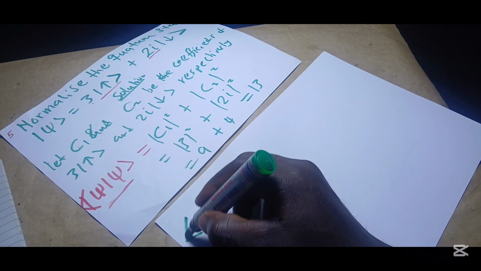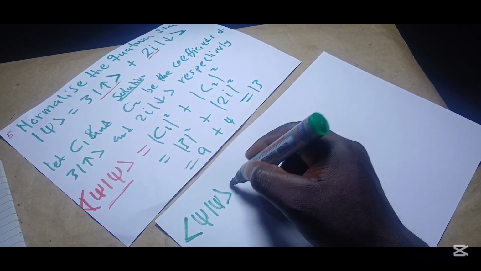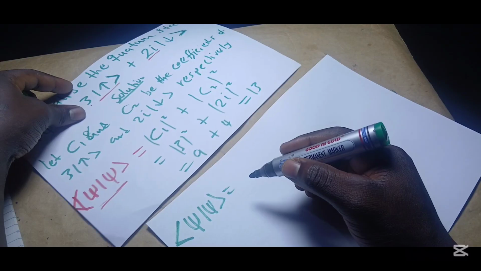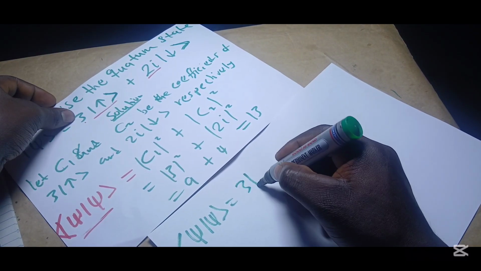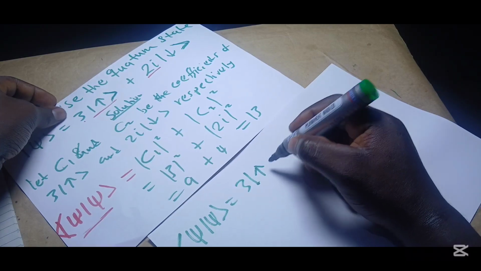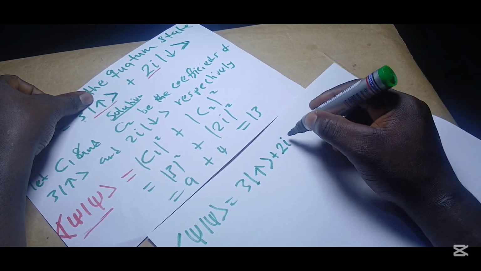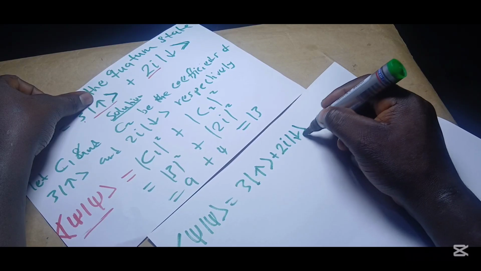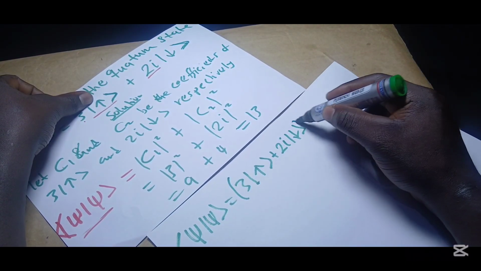So this is the bra, psi, then ket equal to, first of all, we write whatever is there, which is 3 plus 2i into bracket.